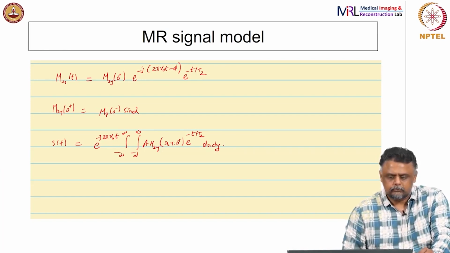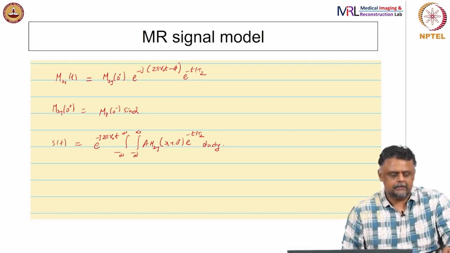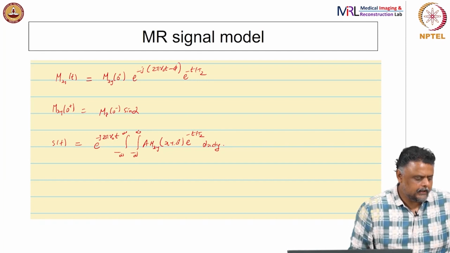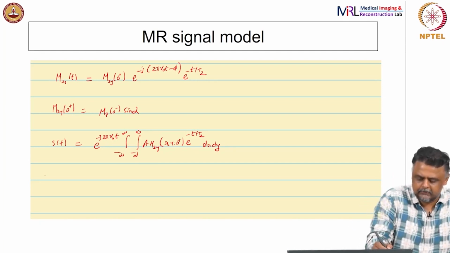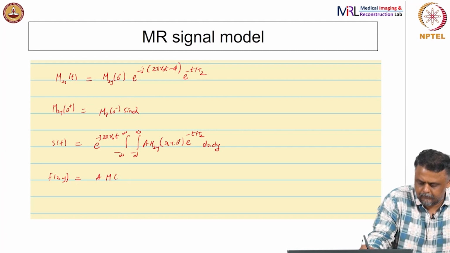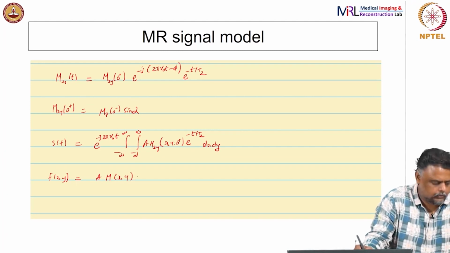Okay. Now, this is the general signal model that we will be working with. Once again, we can simplify it further by using this expression: f of x y is the same as A of m x y.